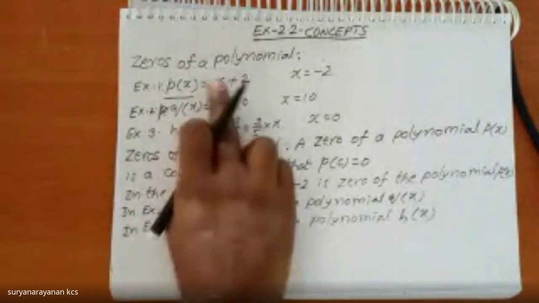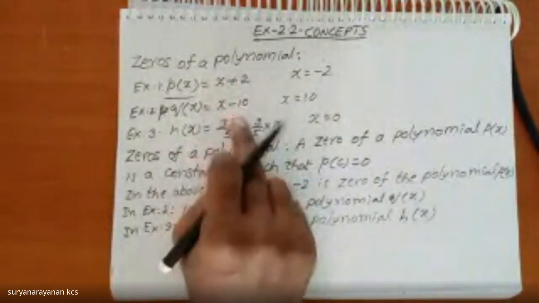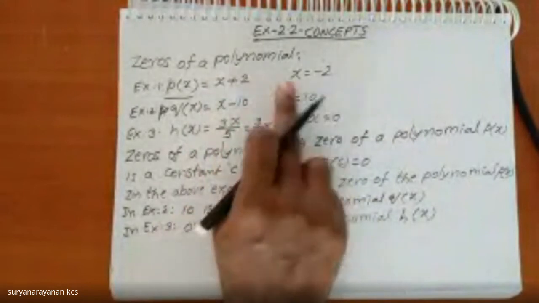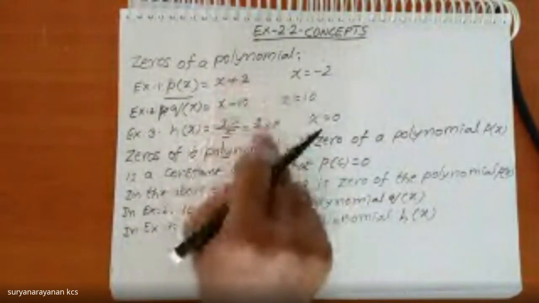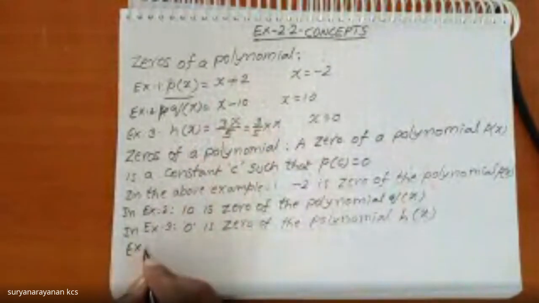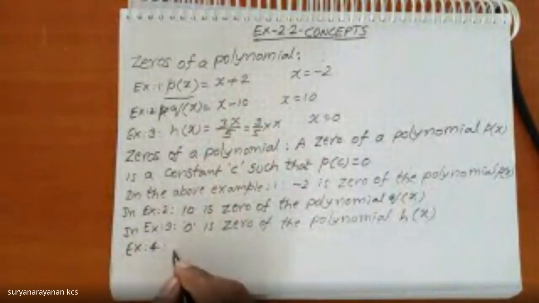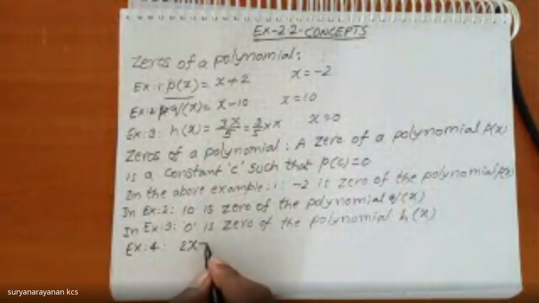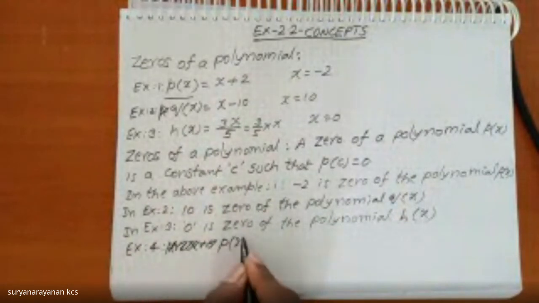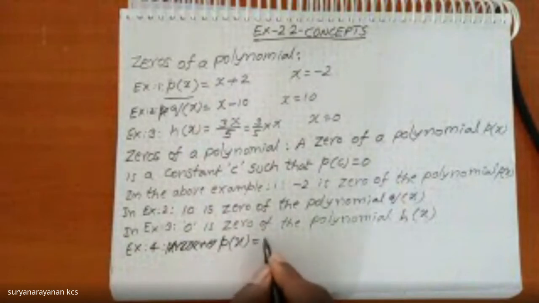Since these polynomials are simple, you can easily find the 0 of these polynomials. Yes or no? For example, suppose P of x is equal to 2x plus 5.